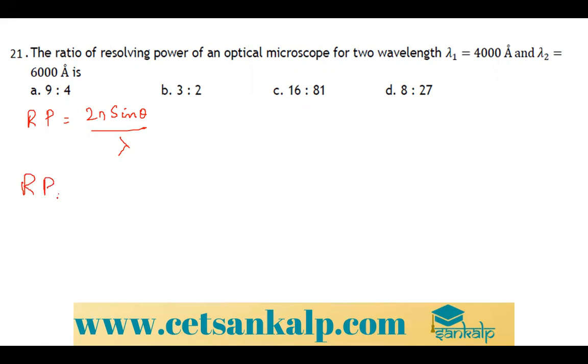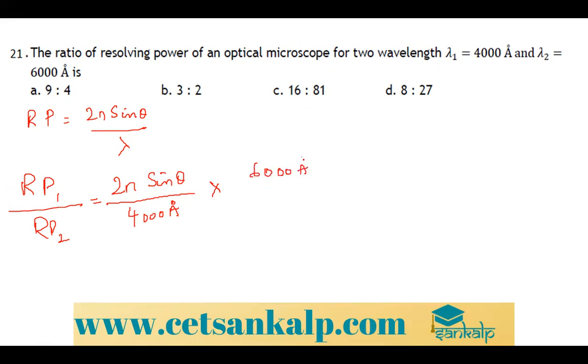So RP1 divided by RP2 is equal to 2n sine theta divided by lambda 1, which is 4000 Angstrom, into lambda 2, which is 6000 Angstrom, divided by 2n sine theta.